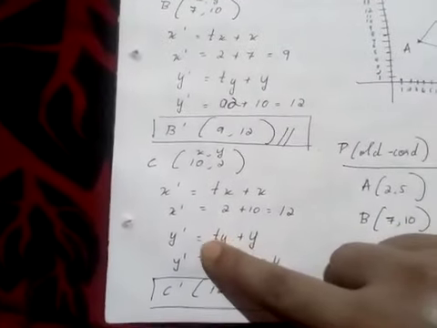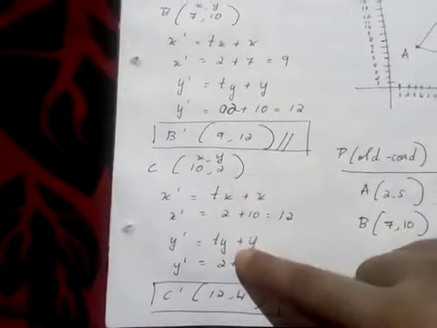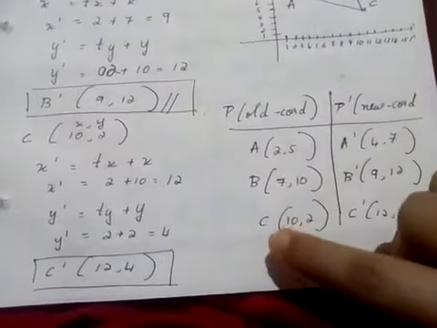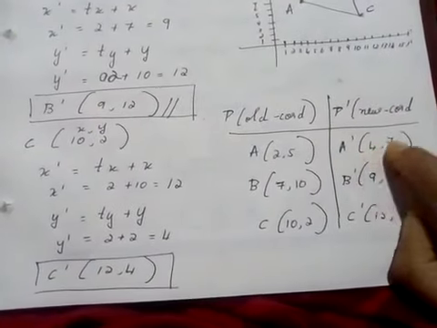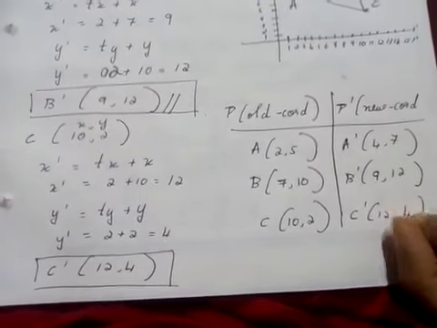Again the same formula, ty plus y. 2 plus 2, you will get 4. C dash is equal to 12 comma 4. So the old coordinates of P were A 2 comma 5, B 7 comma 10, C 10 comma 2. The new coordinates are A dash 4 comma 7, B dash 9 comma 12, C dash 12 comma 4.